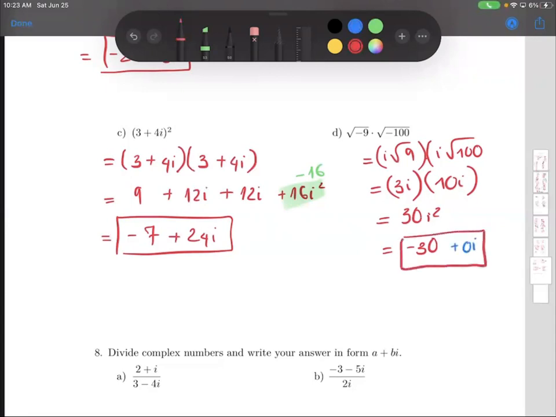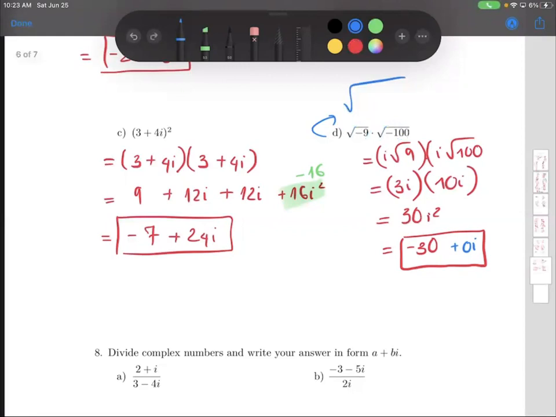The reason that we have to simplify each of these first, I'll tell you why. What happens if somebody does something like this? Don't write this down because it's wrong. They combine those two, like, oh, they have the same index, I can combine them. Nothing wrong with that. But the thing is that because they're already complex numbers in the beginning, you have to change them into complex form first, right?